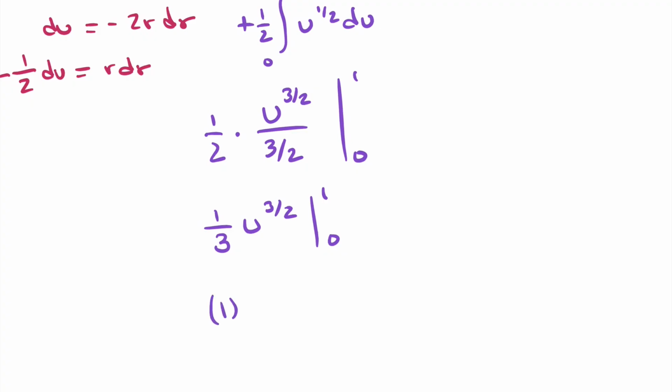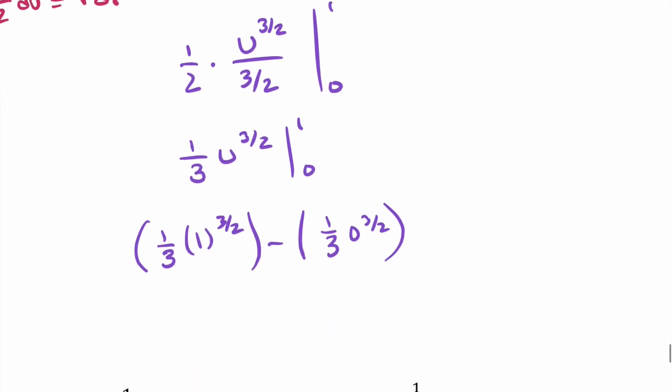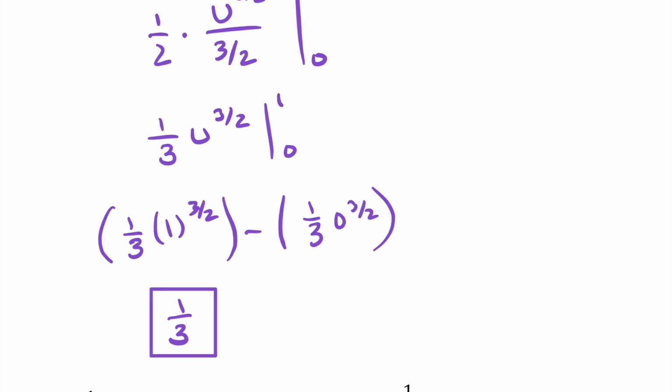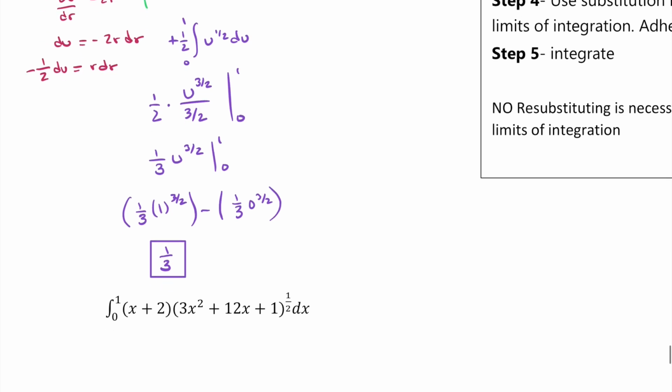So I'm going to do 1 to the 3/2, a third of that, take away a third of 0 to the 3/2. 0 to any power is 0, 1 to any power is 1, so we have 1/3 as our final value. Now it was kind of hard here because my 0 and 1 ended up being a 0 and 1. It doesn't always work that way.